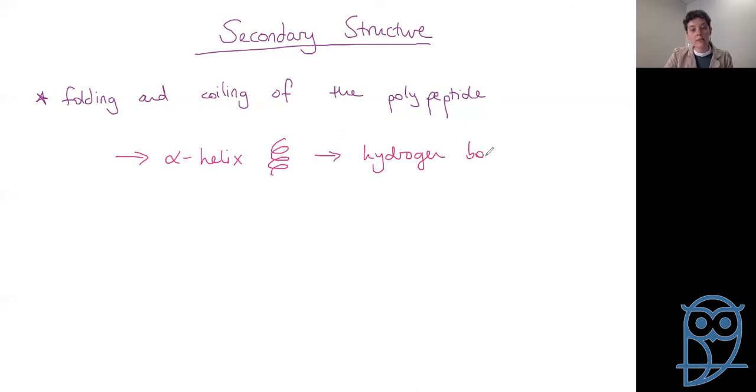So, hydrogen bonding between CO and NH 4 places ahead. So we would have our primary structure of our amino acids.